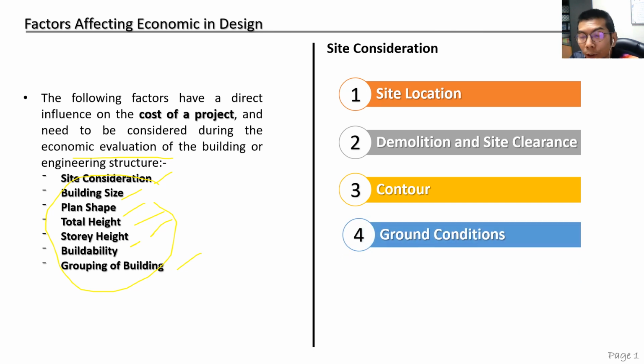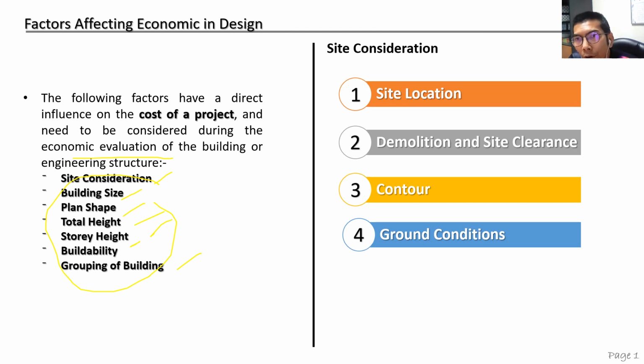And next is ground condition, especially when you talk about piling works. When you are involved in piling work, ground condition will play a part in determining what type of piling is suitable for your site.